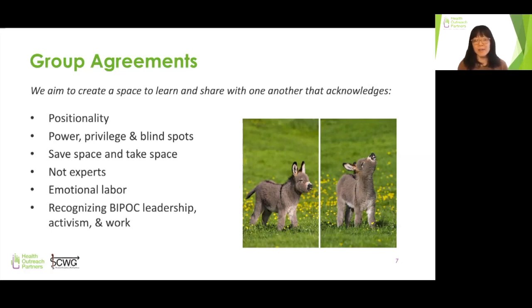It's hard, it's exhausting, and it's unfair to put all that, what we call emotional labor, on them, on us. So remember that when we're in these spaces. Folks can share lived experiences and a lot of information, but it's not every person of color's job to always be doing the teaching. So we want to, again, remember to save space and take space.